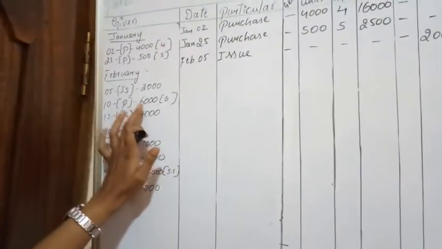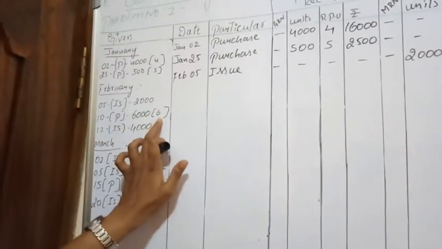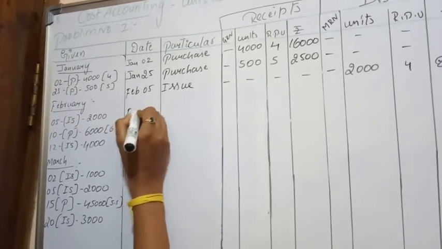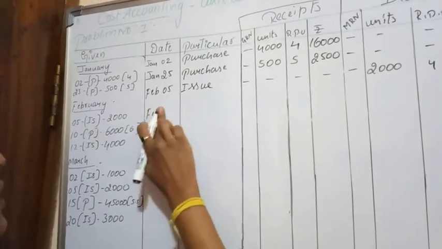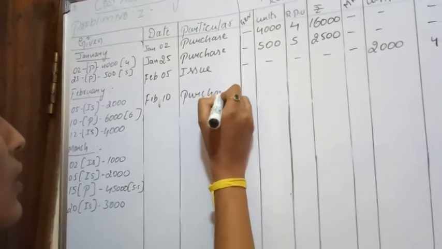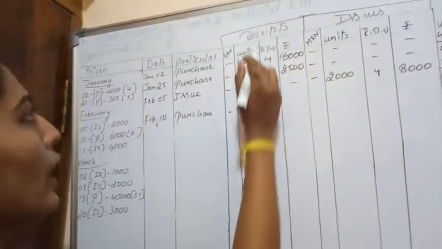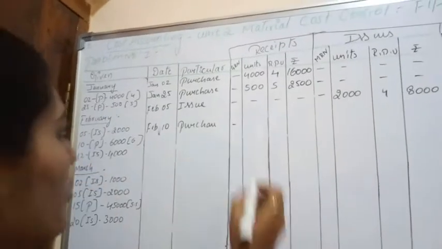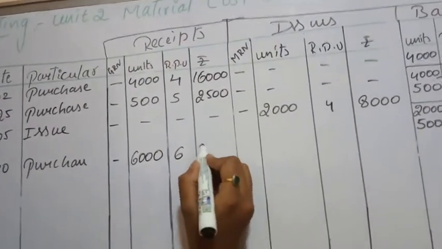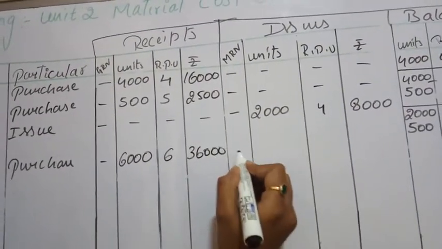Okay, now the next transaction is February 10th. There is a purchase of 6,000 units of material at rupees 6. So I will record February 10th. Since there is a purchase of material, I have to record it in the receipt column: 6,000, and when I multiply 6,000 into 6, it is 36,000.